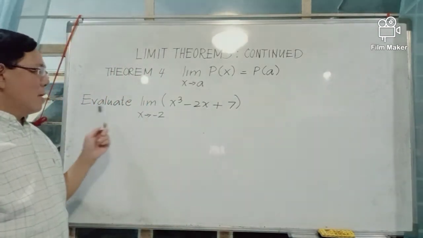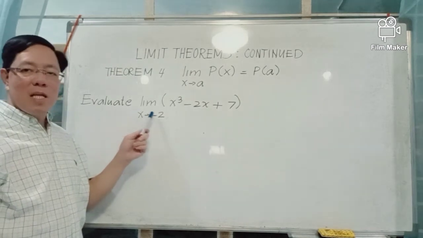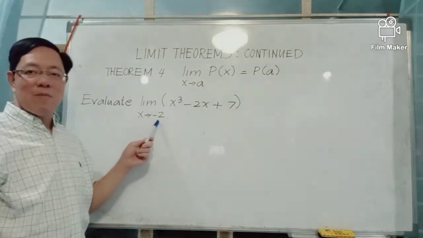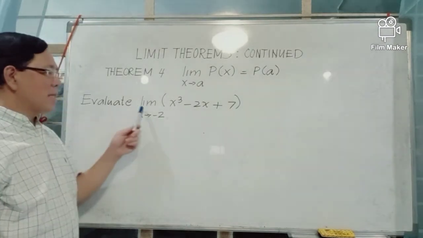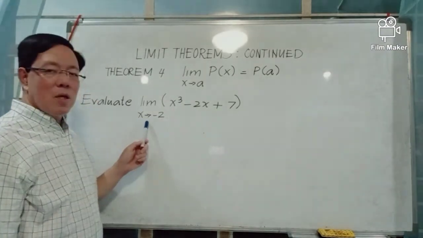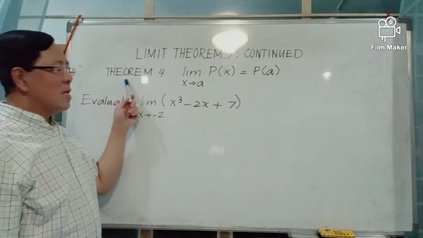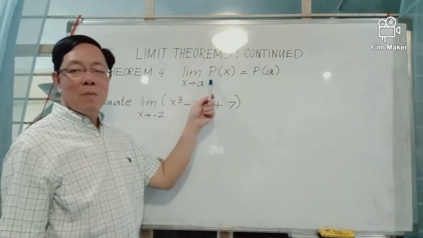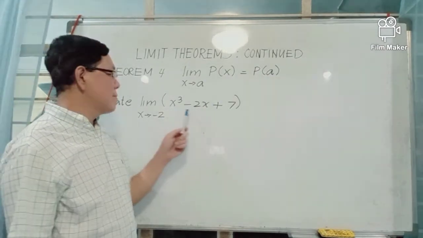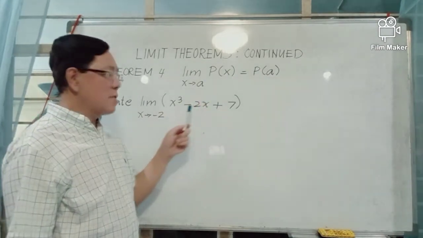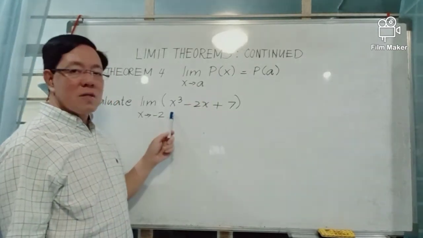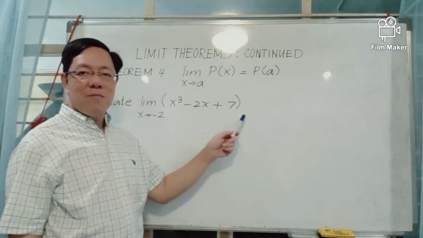Evaluate. To evaluate means to find the limit of the given function as x approaches a given specific number. Evaluate the limit of x cubed minus 2x plus 7 as x approaches negative 2. In limit theorem 4, our polynomial function is a cubic function in x, and p of x equals x cubed minus 2x plus 7.